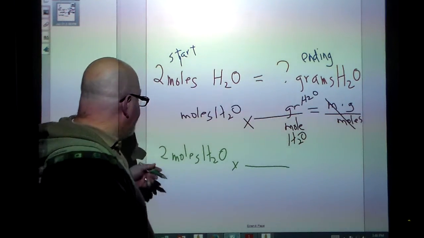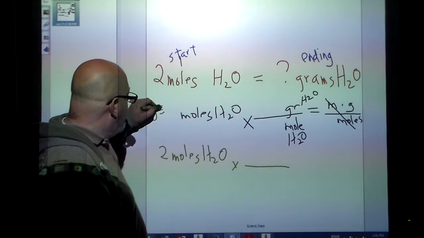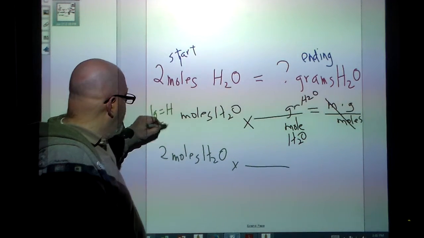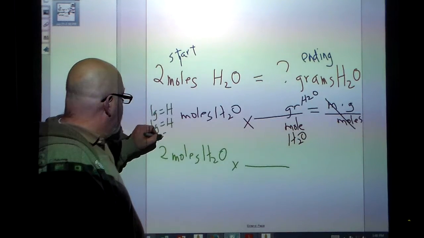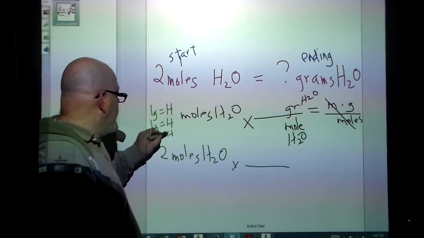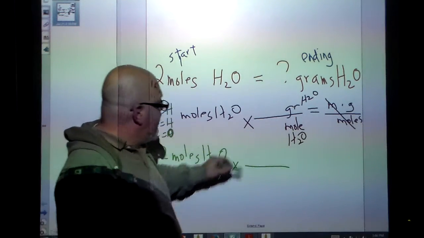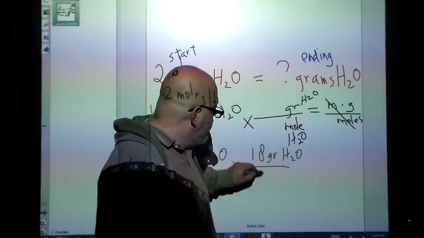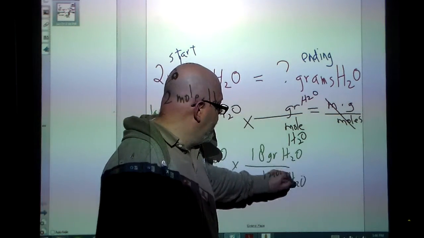If there is 1 gram to 1 mole of hydrogen, and there's 16 grams to 1 mole of oxygen, then I add them up. So I'm going to have 18 grams of water to 1 mole of water.